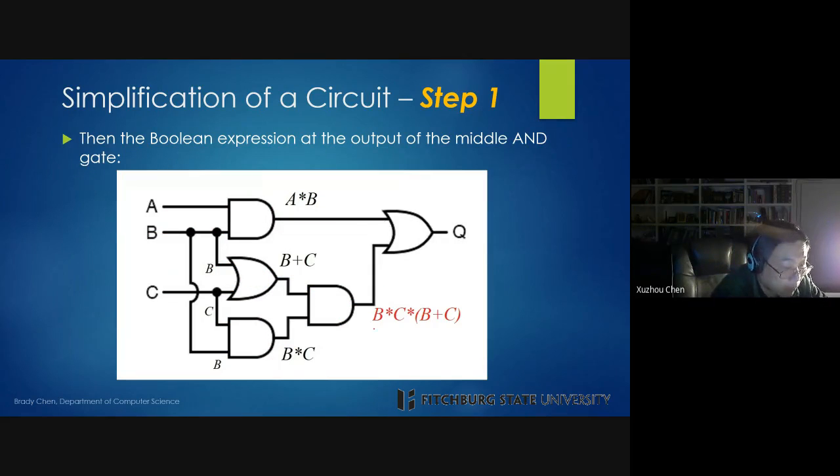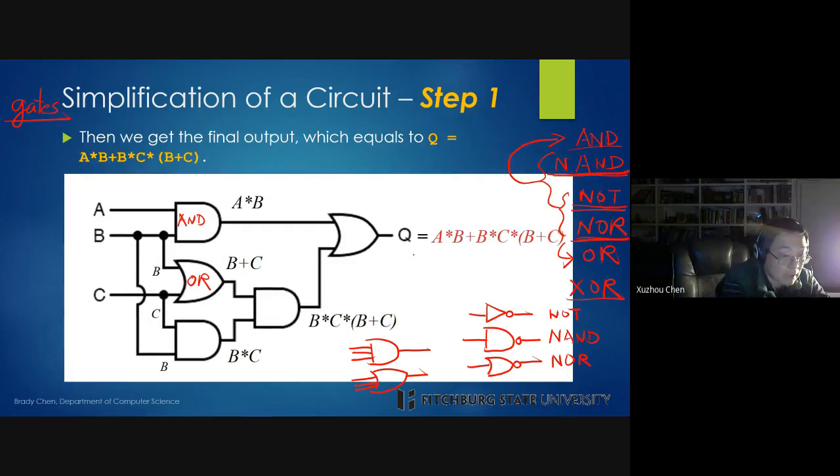We actually get B times C times (B plus C). Then this is combined with the first result using the OR gate, and you get the final result. Okay, so this is the final expression.